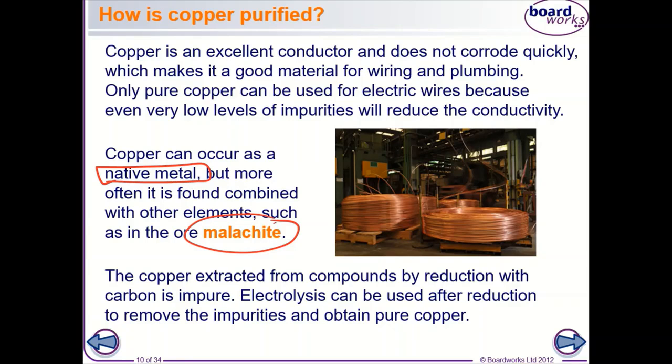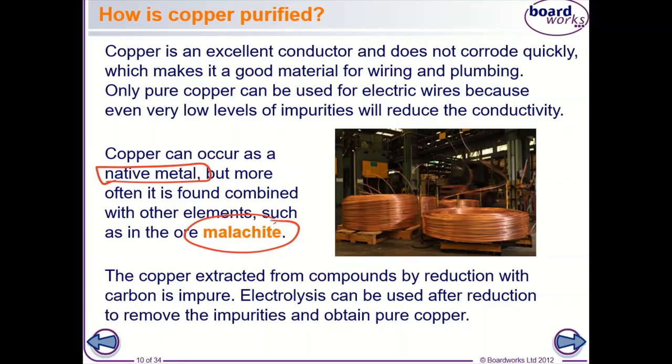Sometimes it can be found combined with other substances or elements like sulfur, where you could have copper sulfide. So we can use electrolysis to carry out extraction of copper in its pure form, by removing impurities and obtaining the pure copper.